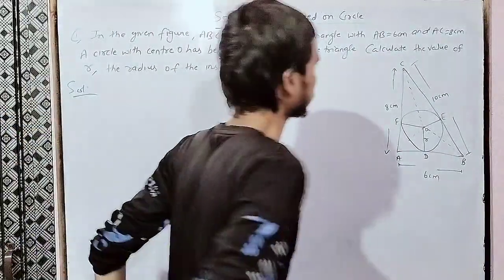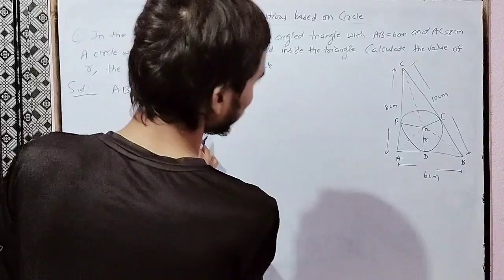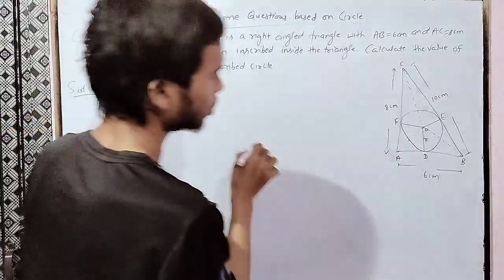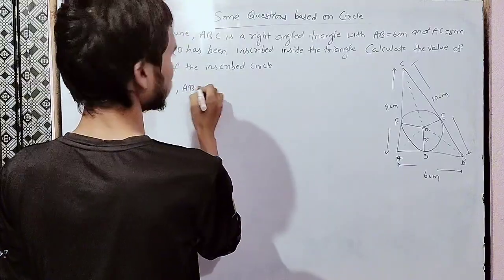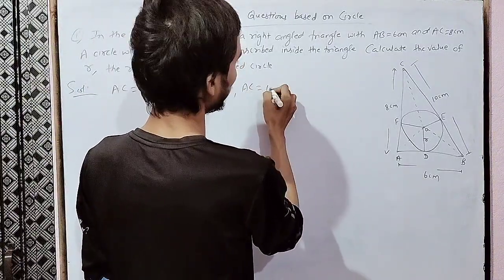Whatever is given, you can write. AB is 6 centimeter, whereas AC is 10 centimeter.